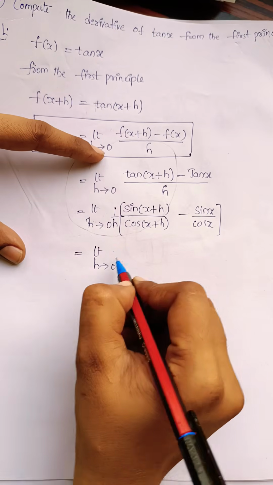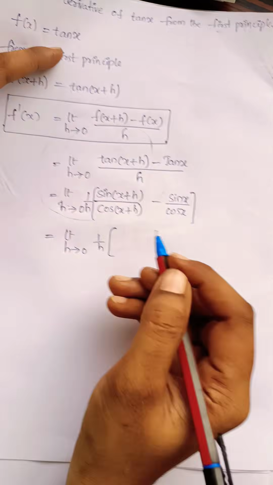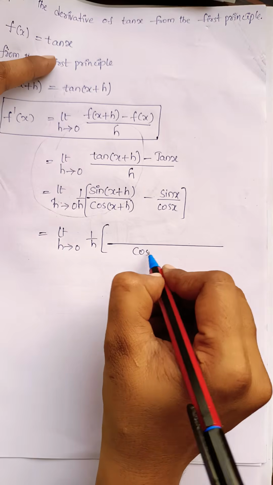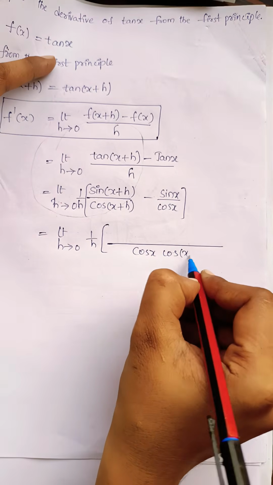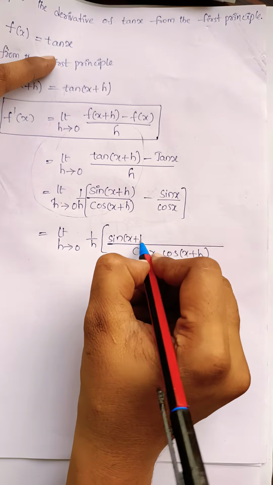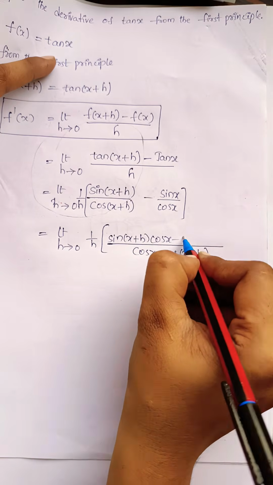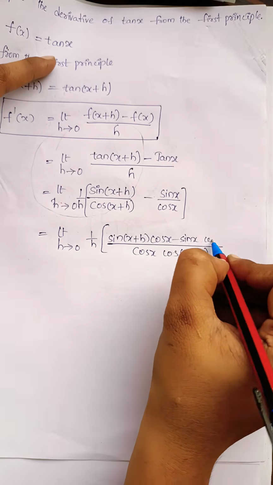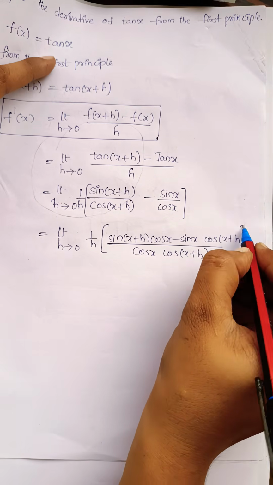Limit h tends to 0, 1 by h. Here the LCM is cos x into cos of x plus h, and the numerator is sin of x plus h into cos x minus sin x into cos of x plus h.